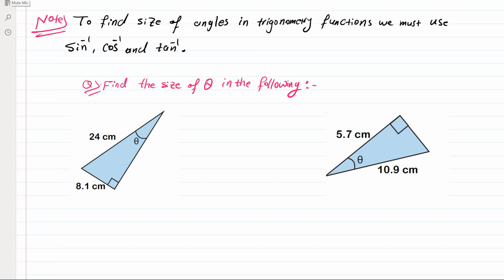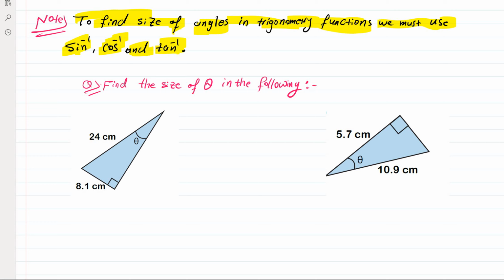To find the size of any angle in trigonometry functions, we must use sine inverse, cosine inverse, or tan inverse. So when it is asking for the size of an angle, where the angle is missing, you need to use sine inverse or cosine inverse. All right, let's jump into these two questions.